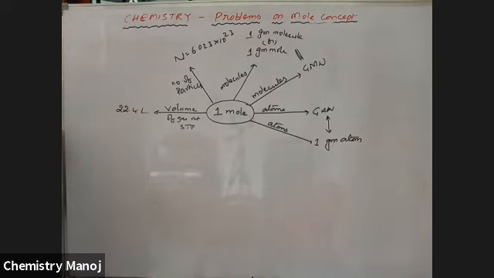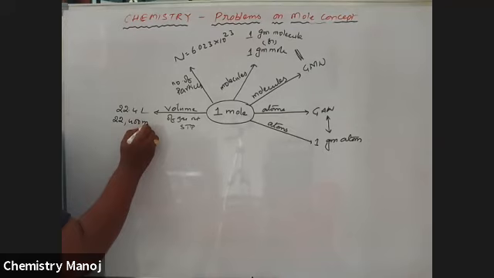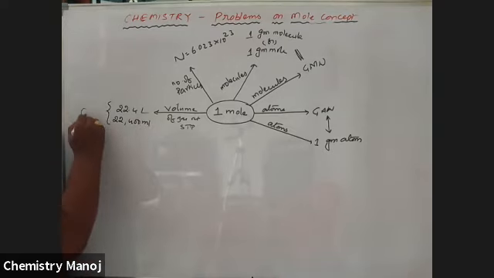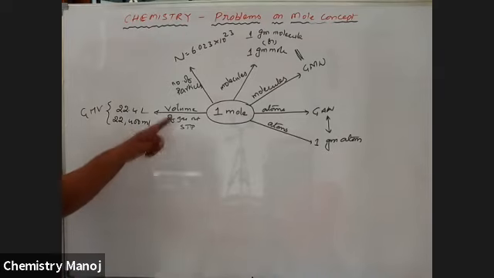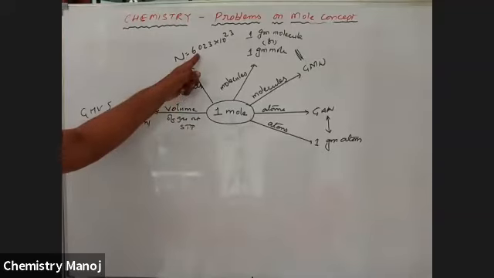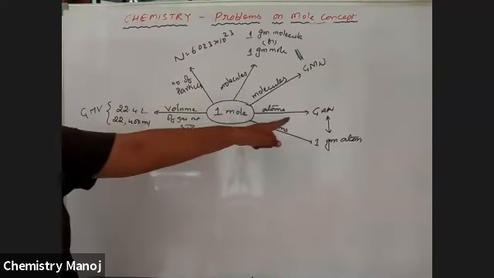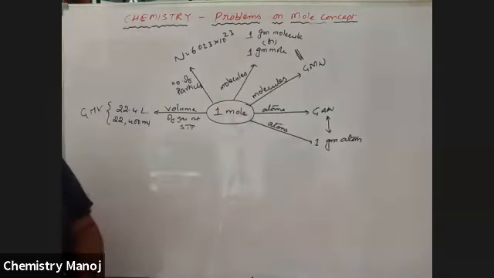Any gas, not only a single gas, any gas volume at STP, 1 mole is equal to 22.4 liters or 22,400 milliliters, which is called gram molar volume. So in terms of volume, it is gram molar volume. In terms of particles, it is Avogadro number. In terms of weight, either gram atomic weight or gram molecular weight. In terms of moles, it is gram atom or gram molecule.